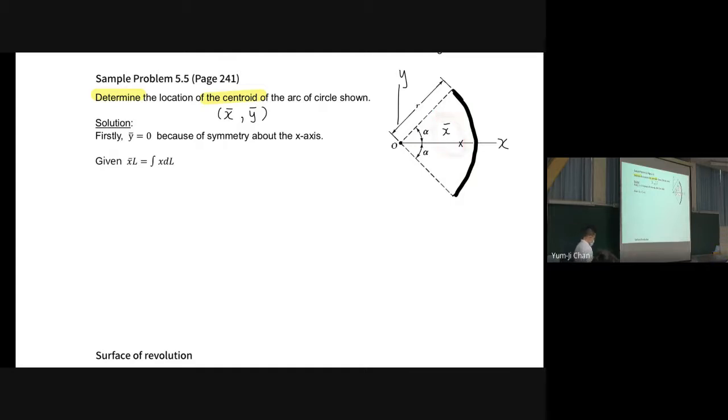Now the total moment is x bar L. If we consider the total length L and multiply by the moment arm x bar, the moment is x bar L. And if we do it bit by bit, then we have the integral of x dl. Of course, from the last page we have something like this.